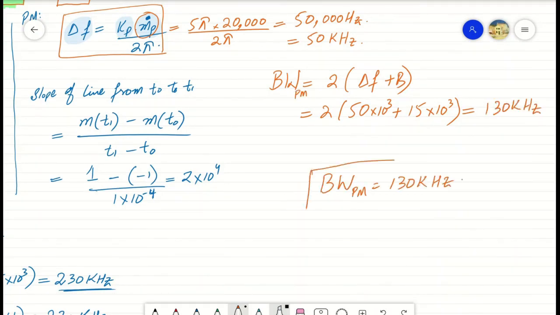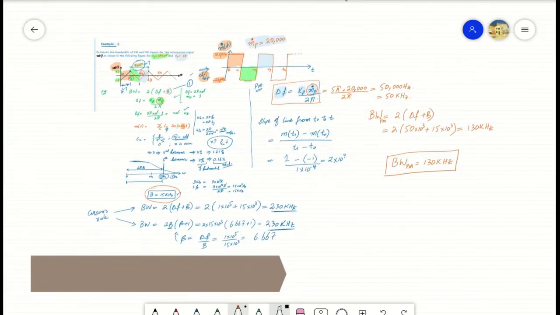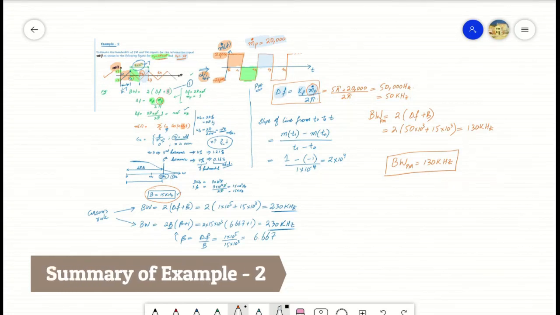So in this example, an information signal was given and the scaling constant factors for frequency and phase modulations were given, and we were required to obtain the bandwidth of frequency and phase modulated signals. In frequency modulated signals, frequencies are directly influenced by the amplitude of information signal, therefore the peak frequency deviation can be calculated, while in the case of phase modulation, the peak frequency deviation can be calculated from the derivative of information signal.